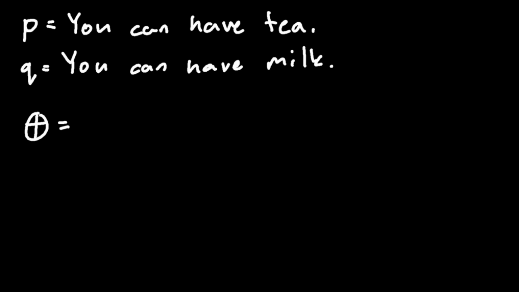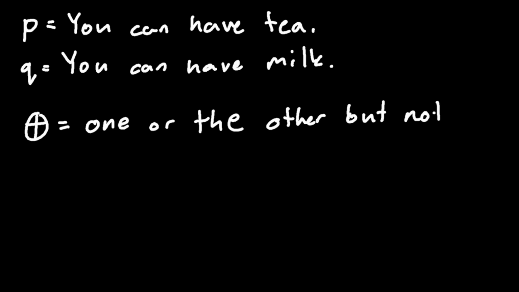But right here, this is the exclusive or logical operator, and the exclusive or logical operator could be stated as one or the other, but not both. Now, the reason why I'm saying this entire thing, and this probably wouldn't even be written down in a sentence, is because this is how the statement goes. One or the other, and you can kind of fill in the blank with one and the other, but not both. Usually you'll see "but not both" at the end of the sentence.